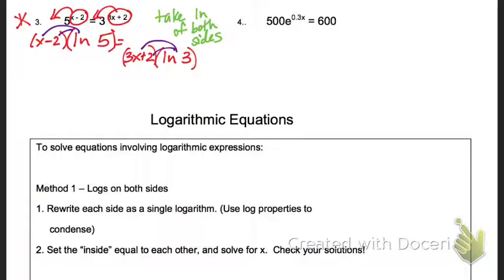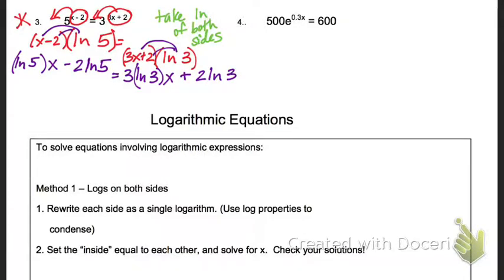So I rewrite this as ln of 5 times x minus 2 ln 5 equals, then I distribute the right side, 3 ln of 3 times x plus 2 ln of 3.